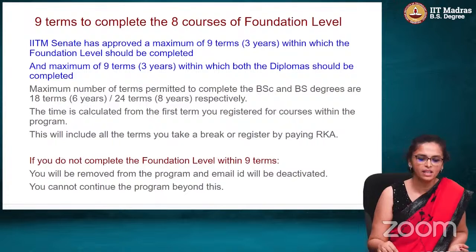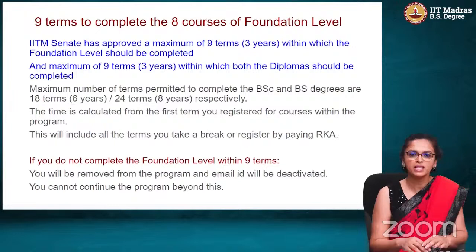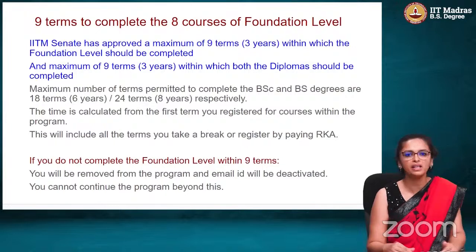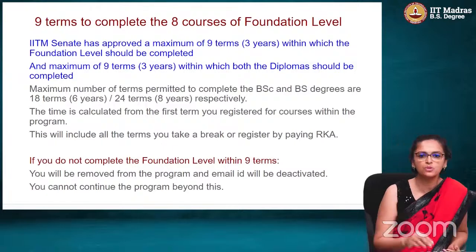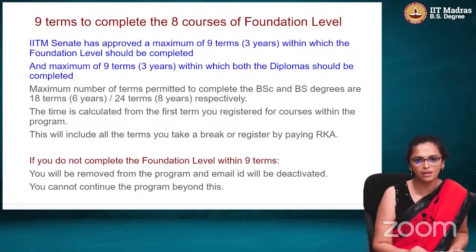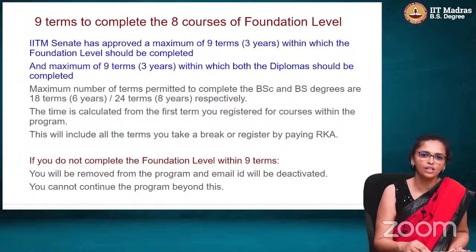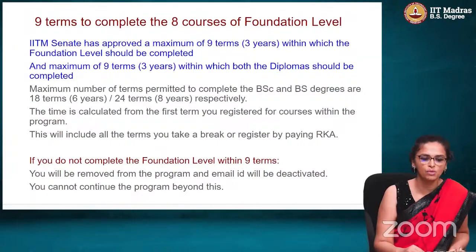Okay, this is for the BSc level and for the BS level. But each individual level of the program too has an individual cut-off time of about 9 terms or 3 years in which the levels should be completed.